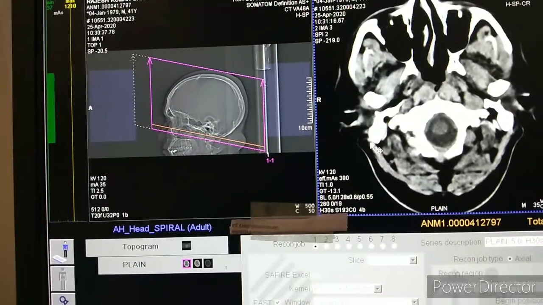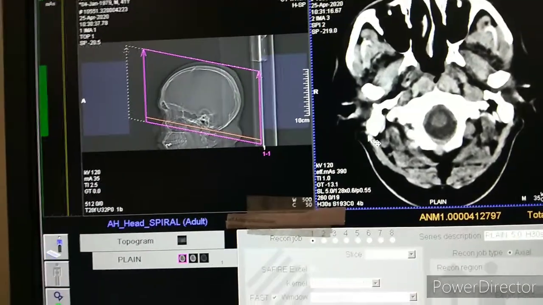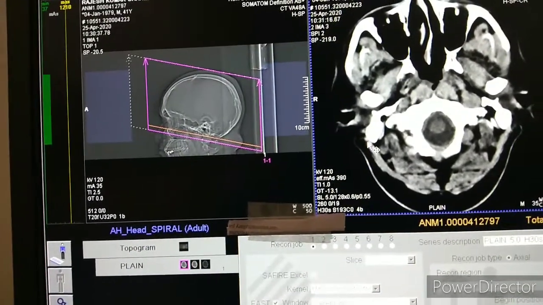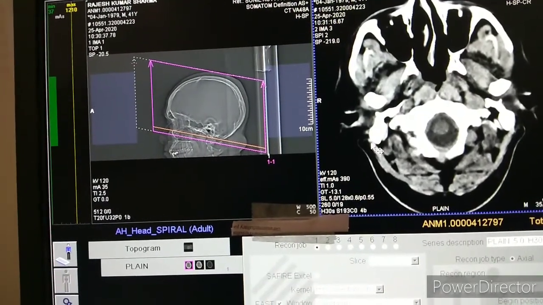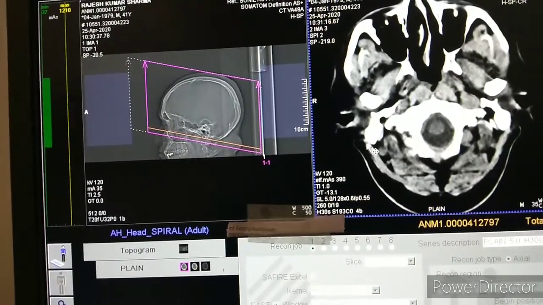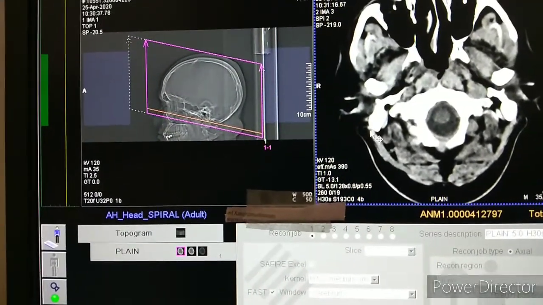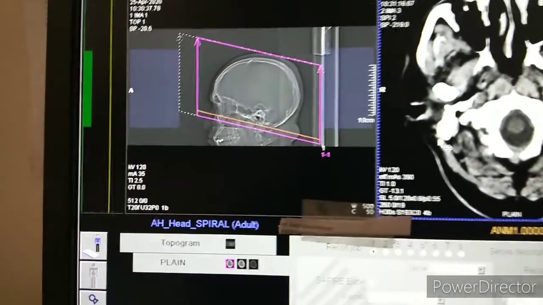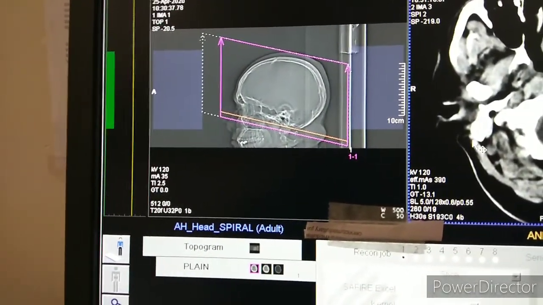At the same time, it avoids radiation to the lens, especially when we know that the orbit contains most of the fluid and your orbit can be dried off because of the radiation. So basically this orbitomeatal line we follow because we have to avoid the orbits.